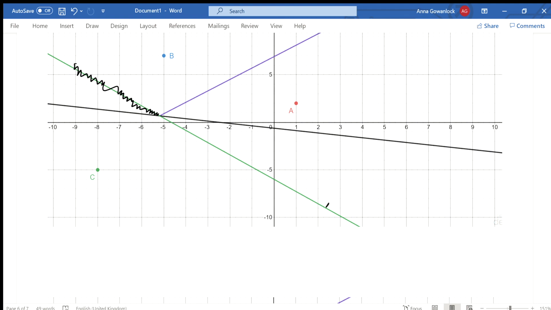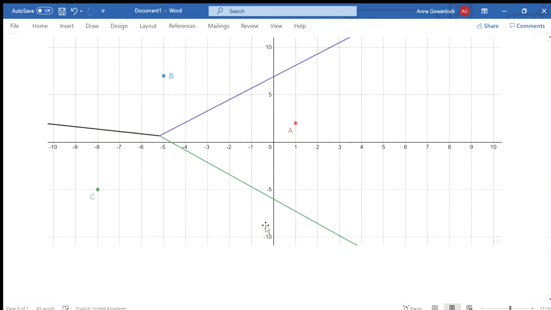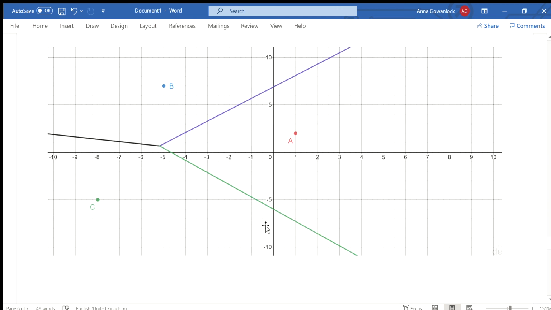So this one is the AC, this one is AB, and this one is BC. So we want to make sure that we rub out the bits we don't need. Okay, so those are going to need to get rubbed out. And again, here we are. And this then is our final Voronoi diagram once you've rubbed out all those bits we don't need.